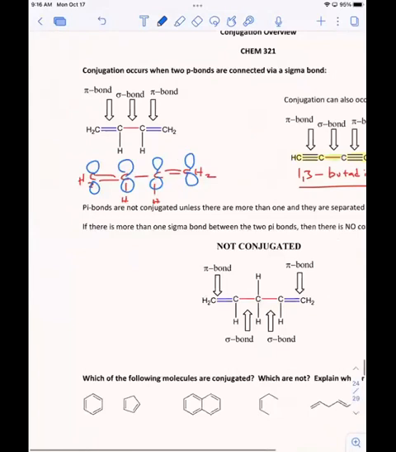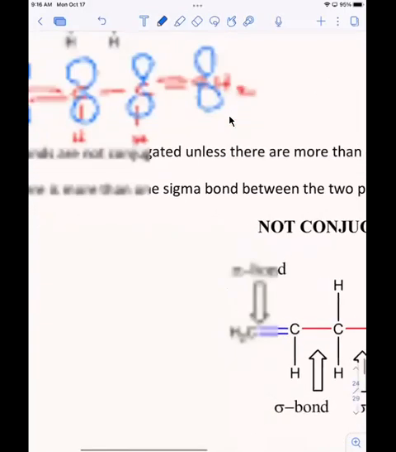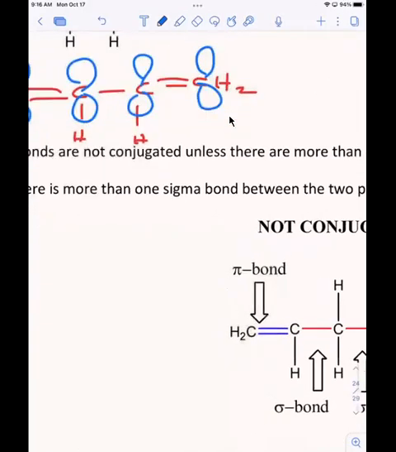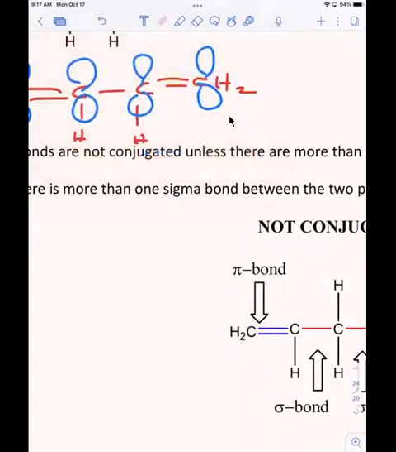And this is what differentiates conjugated systems from non-conjugated systems. And it's what makes them react differently, right? The two sp2 hybridized carbons' nuclei are pulling on one another. And so that's going to make the bond here shorter.